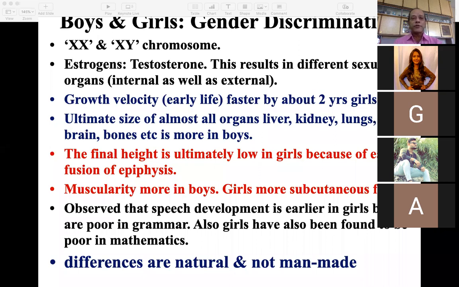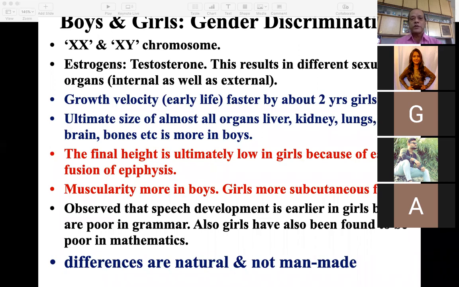Because of the Y chromosome and because of the 2 X chromosomes, the hormones are different. We know in girls it's more of the estrogens, and in boys it is more of the testosterone. And this results in different sexual organ growth, internal as well as external.